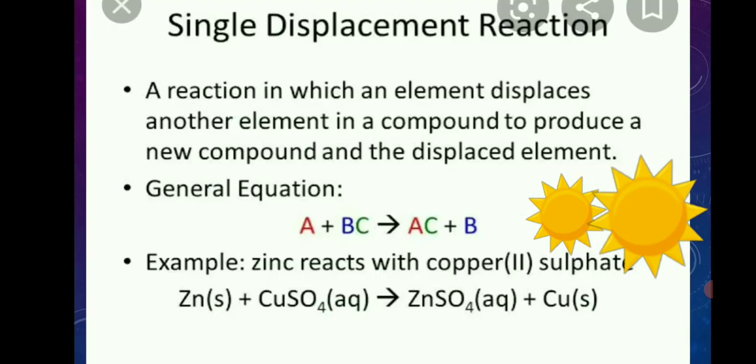Now, the displacement reaction or single displacement reaction. A chemical reaction in which one element displaces another in a compound is called a displacement reaction. In the general equation, A plus BC leads to AC plus B. For example, whenever zinc reacts with copper sulfate, it gives us zinc sulfate plus copper.